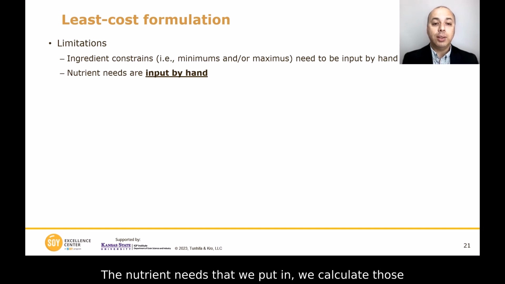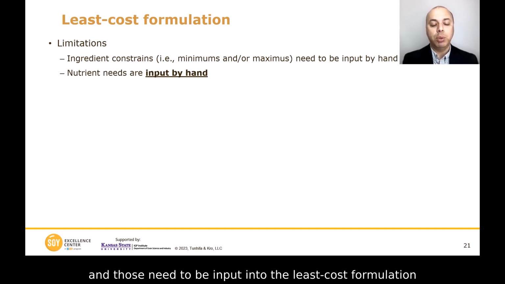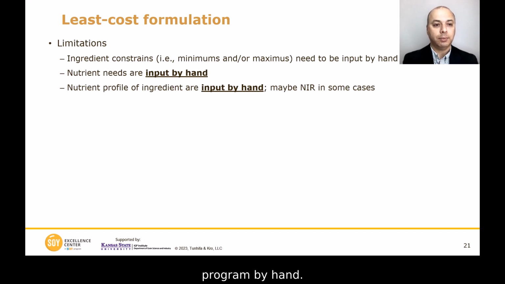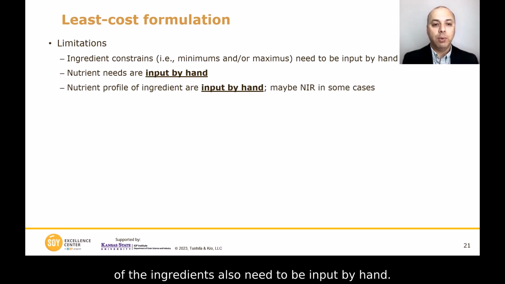The nutrient needs that we put in, we calculate those, and those need to be input into the least cost formulation program by hand. The nutrient profile or the nutrient matrix of the ingredients also need to be input by hand.